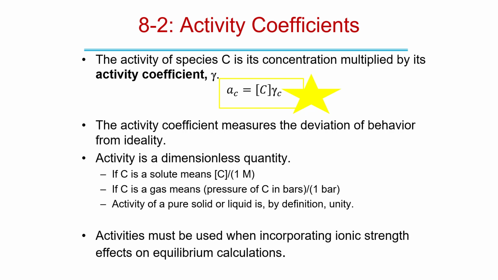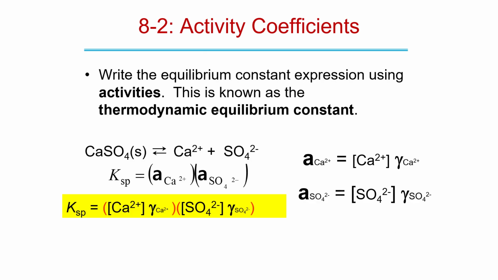Well, now we've got this equation right here, and it's very important. So put a big star by it in your notes, super important. The idea is we're going to express our activity. Instead of having your concentration of some species C, you're going to replace that with C times your activity coefficient. So now instead of having your equilibrium expression that looks like this, where you might have Ksp equals your products over your reactants, but your product is all aqueous, your reactant is solid, so solid's not included in it.